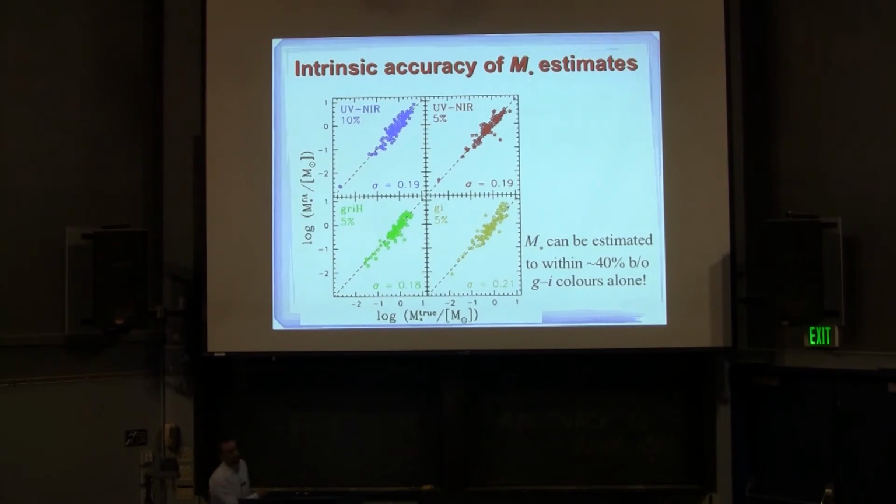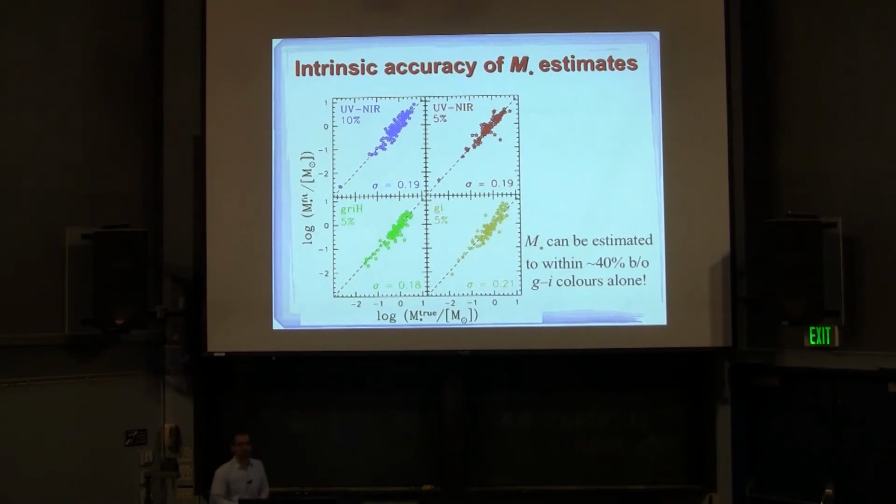Bottom 2 panels are restricted to optical near-infrared and just optical colors. The percentages here refer to the amount of noise that was introduced into the spectra. But the take-home point from this figure is that really we don't see much change in the scatter amongst the different combinations of noise and observational constraints.